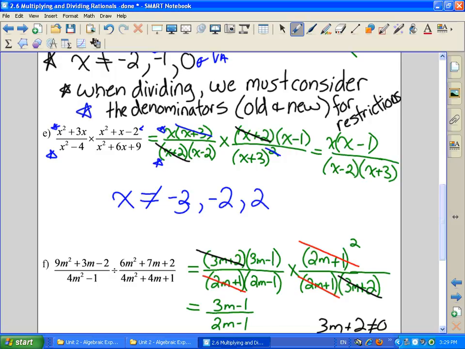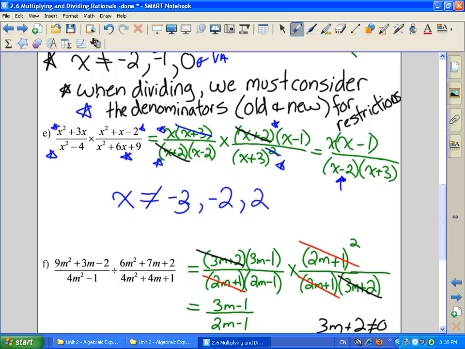Looking at the numerator of our second fraction, that is simple trinomial factoring. And the denominator of the second fraction, that is your perfect square. Once you've factored all of your expressions, then you look to cancel. So what we have left here is the simplified result right here.